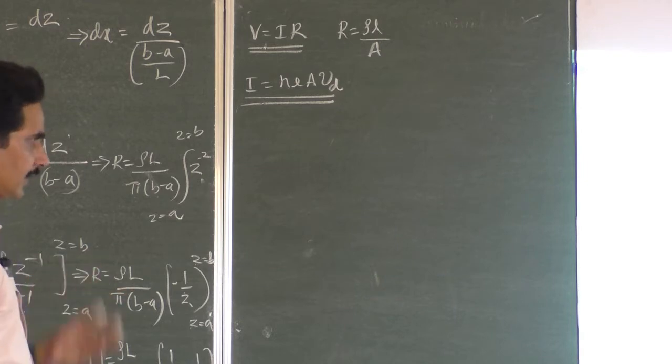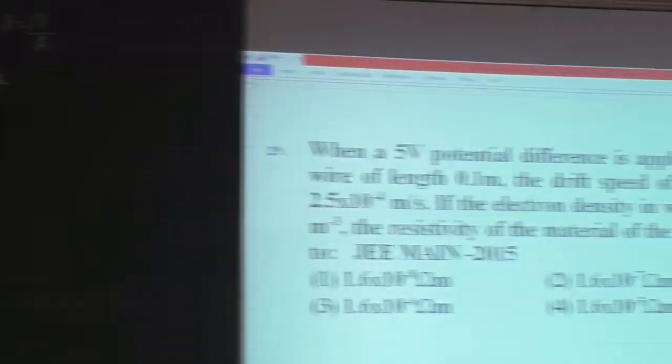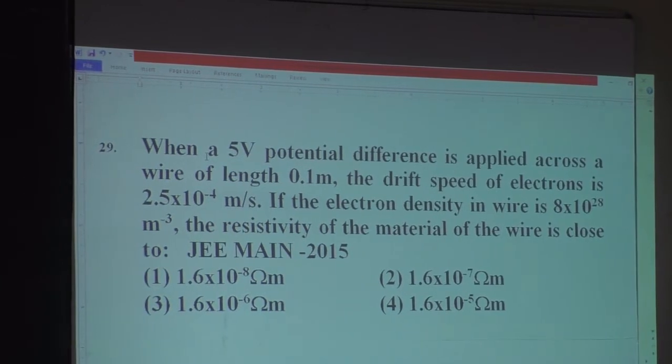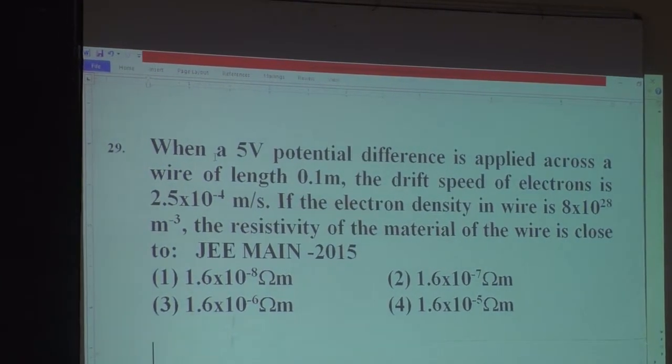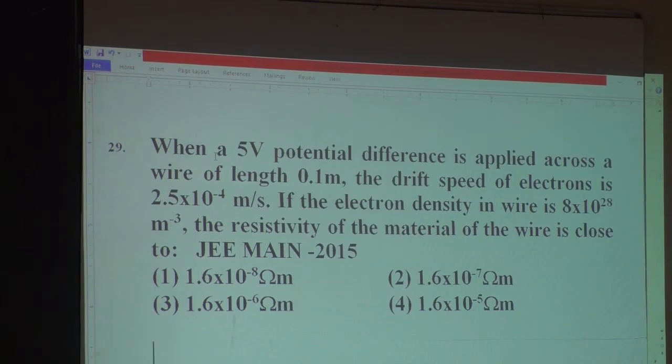If you go back to the problem, does the equation I equal to NEAVD work here? Definitely, because the number of free electrons per unit volume is given, and the charge of the electron you know. Area is of course not given, but we have to get it somehow.